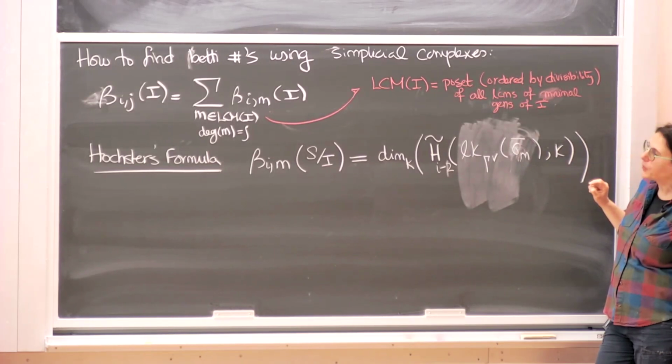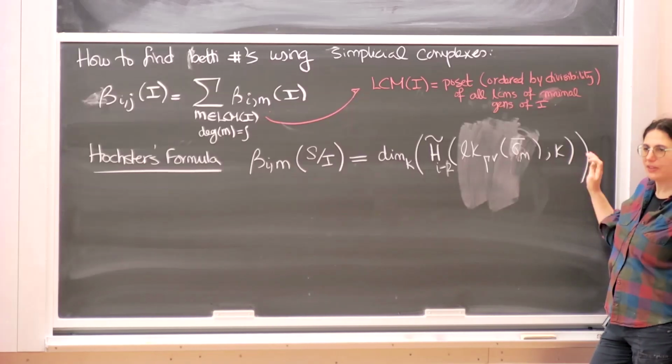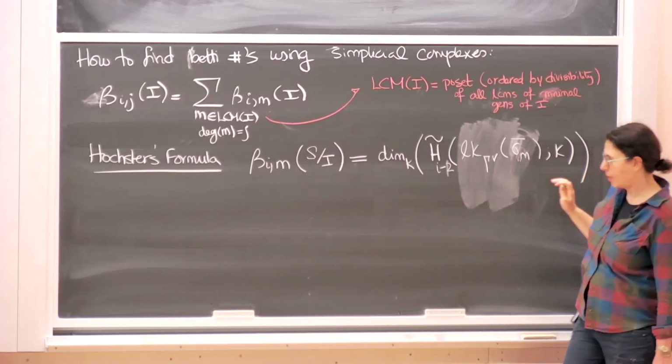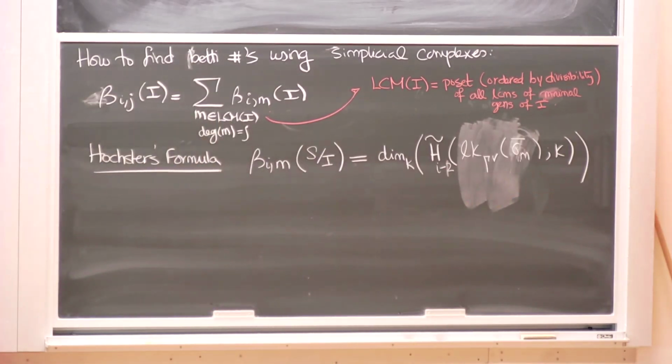So this is pretty much everything you see to me is Hochster's formula. Everything else you do with combinatorial Betty numbers is some version of Hochster's formula.